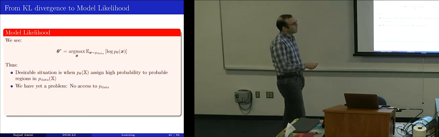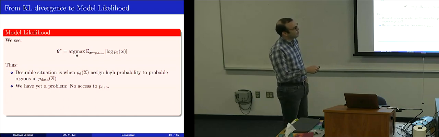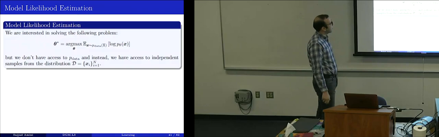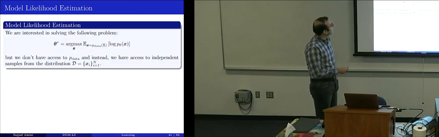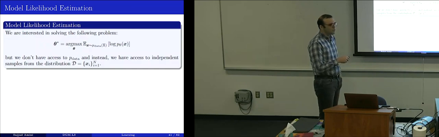Okay, but the problem is that we do not have access to the true data distribution, but instead we have access to samples from it. And this is about the maximum we talked about. Okay, what can we do for an expectation when we do not have access to the true data distribution?